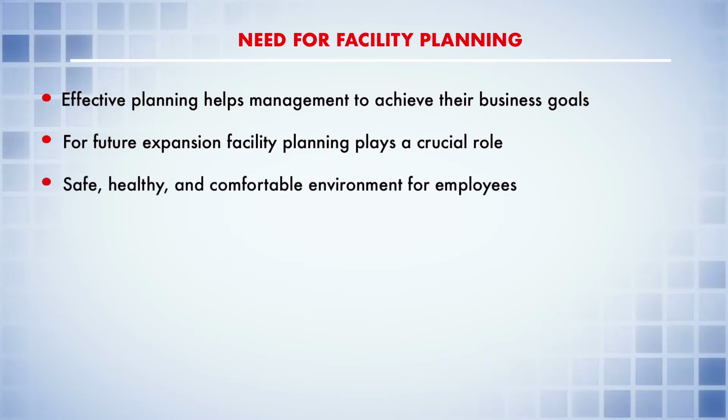Another important thing is that we always want a safe, healthy and comfortable environment for our employees. That means we want a healthy environment, proper lighting system, proper circulation in the working place.